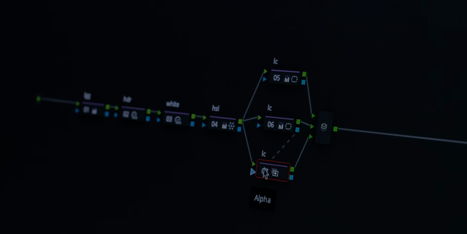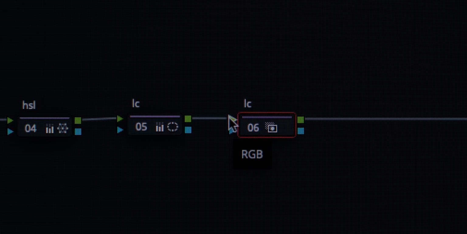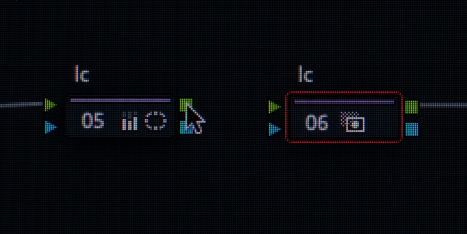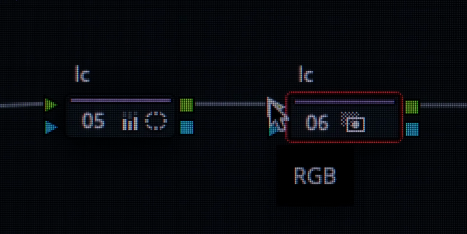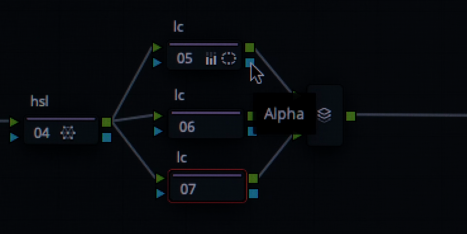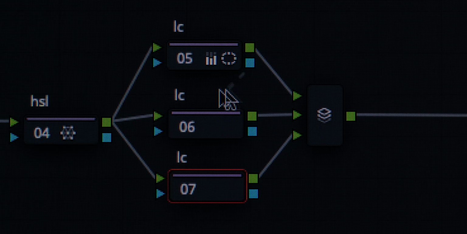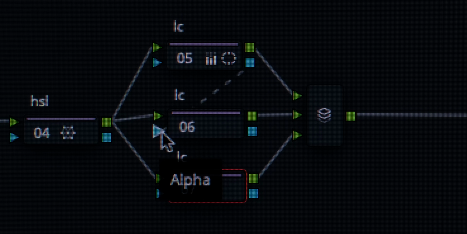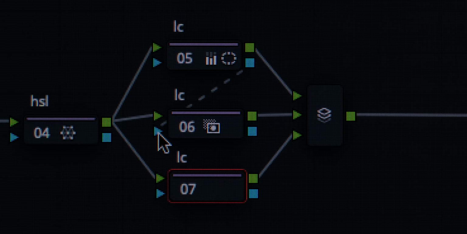Each node processes two signals, a YRGB signal and an alpha signal. The YRGB signal is the image. The alpha is the transparency. The mask.